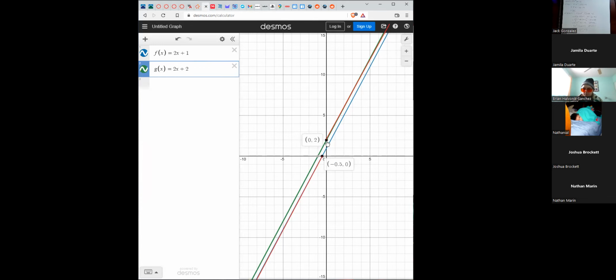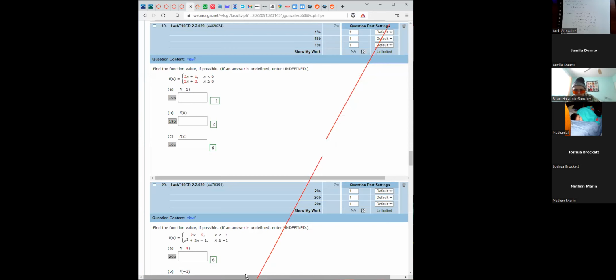It jumps over here. This is a full circle and then keeps going. So this other stuff, just pretend it's not there. The green and blue are non-existent, okay? Only the red. The red is this function they're talking about. So this is the graph of this function here. Does that make sense with how they did this?